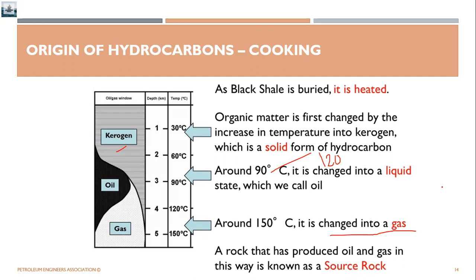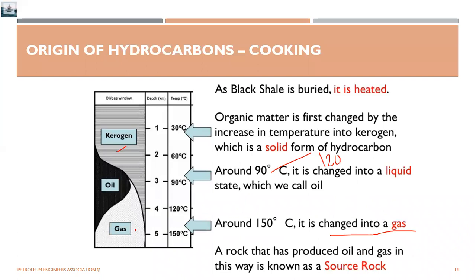Apart from this, if it goes beyond 150 degrees Celsius, the hydrocarbons transform into a gaseous phase, the gaseous hydrocarbons. So these two temperature windows are very much crucial to keep in mind.